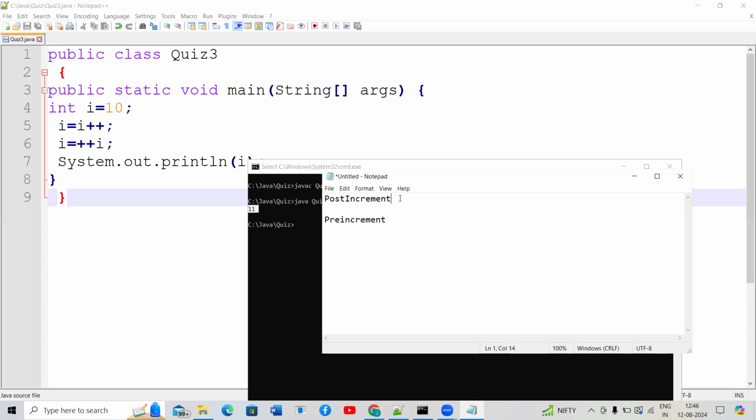So post, as the name suggests, post is after and increment is addition. Now, what does that mean? See, if I have two variables I and j, suppose, and I write j = I++. What does that mean? First, assignment happens.